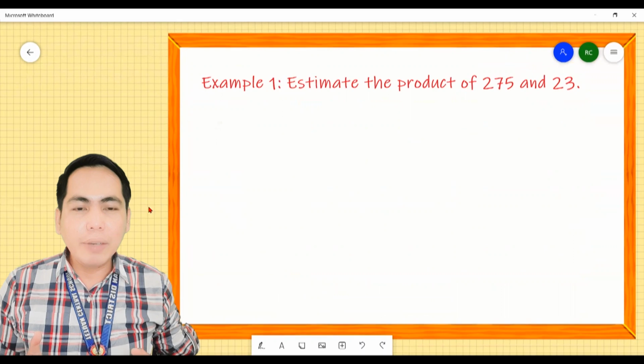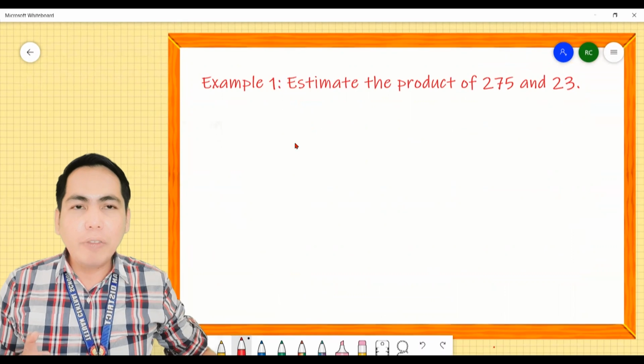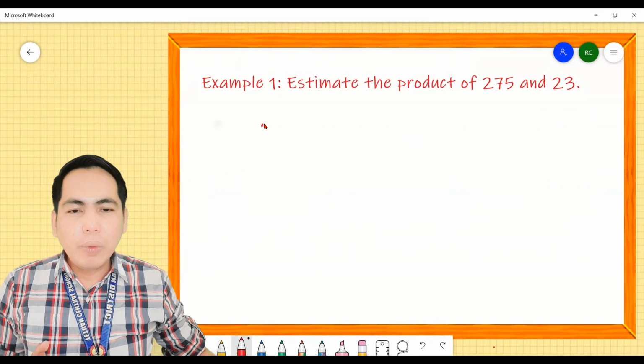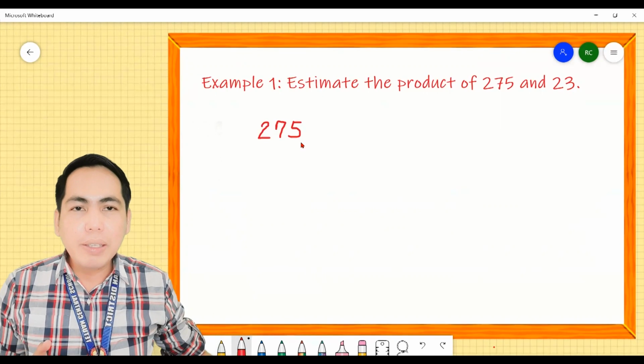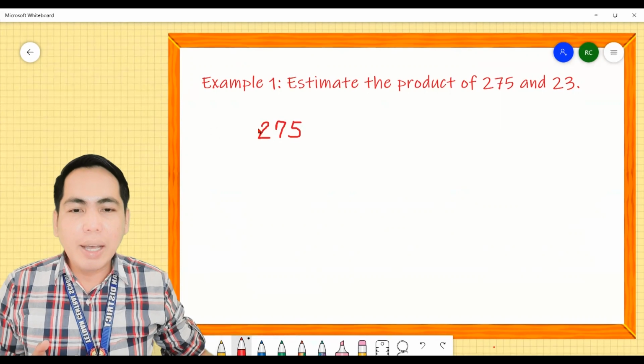So let us have the first example. Example number 1, estimate the product of 275 and 23. In our first step, it says that we have to round off each factor to its highest placed value. So when we have 275, the highest placed value is hundreds, and digit 2 is found in the hundreds place.